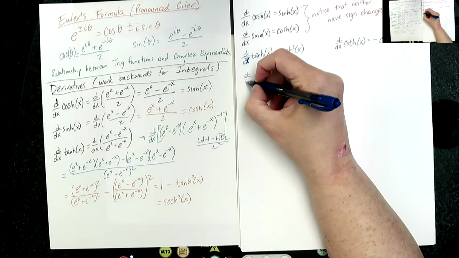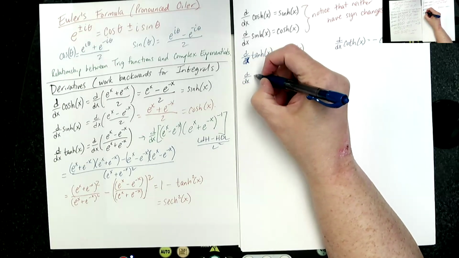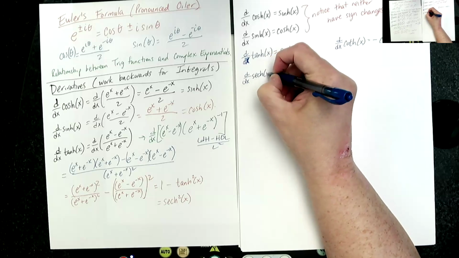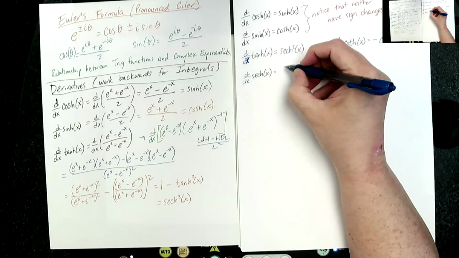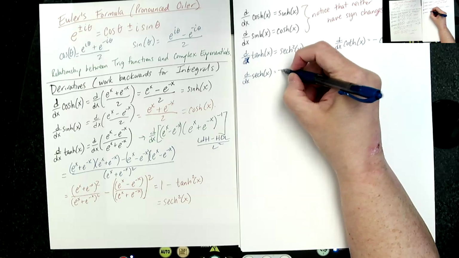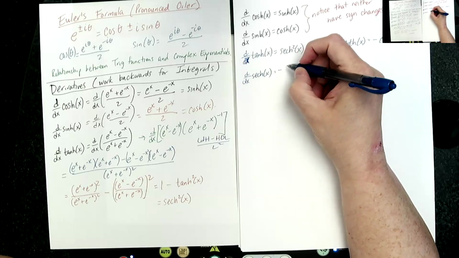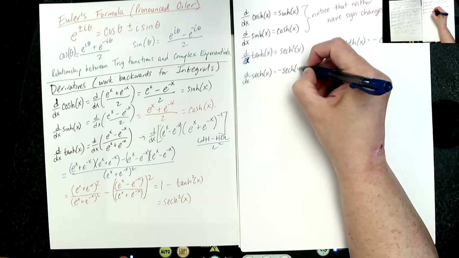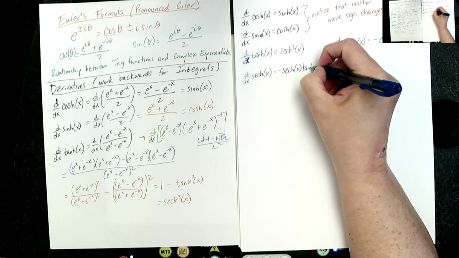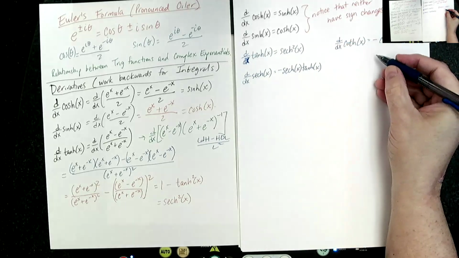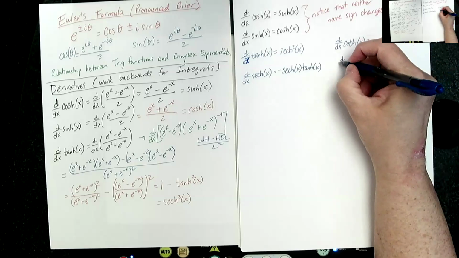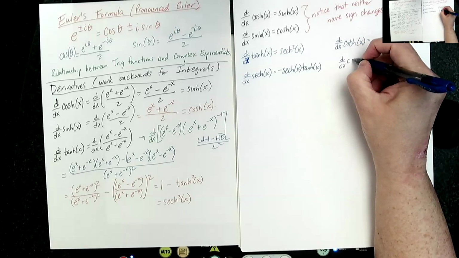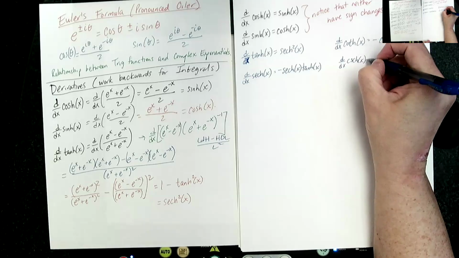So if we do the derivative of hyperbolic secant, this is the secant tangent. In regular trig functions, it's positive secant tangent. Here it's negative. And we do hyperbolic cosecant.